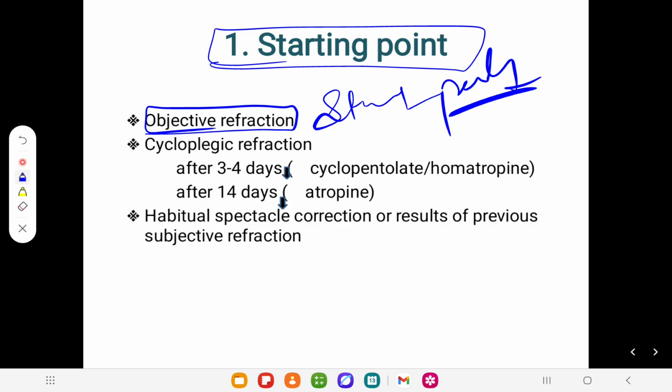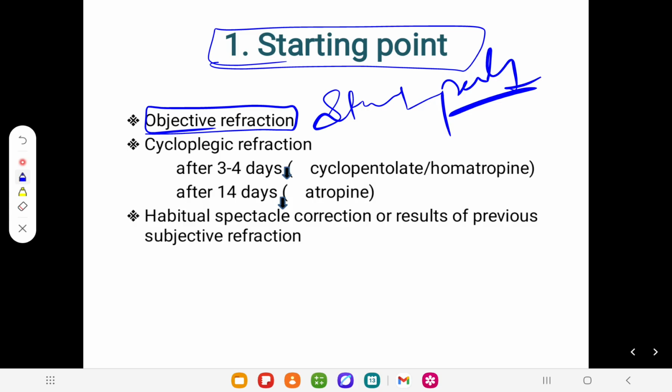So the starting point of subjective refraction is always objective refraction. The better the objective refraction we have, the better the subjective refraction we have. And if the starting point of the subjective refraction is correct, then it takes only a few minutes to come to the conclusion of subjective refraction, which is very efficient in terms of protecting our time.